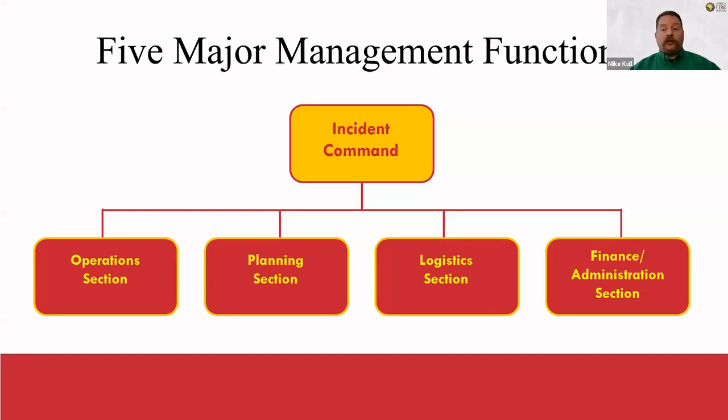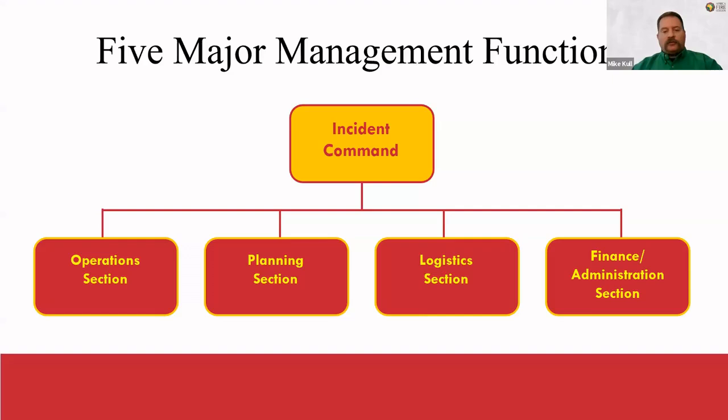We'll talk about each one of those a little bit later. Those we're going to build out only if we need them. And that takes some of that burden away from that incident commander for figuring out who's going to pay for this, or who's going to make the calls to bring us these extra resources, who's going to help me write the plan or get the plan together for what we're doing here on the scene.